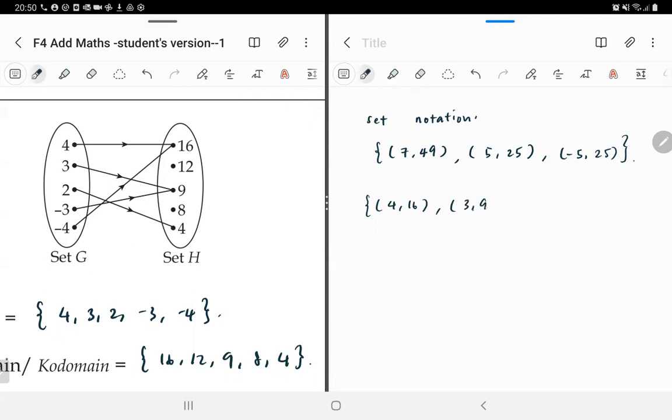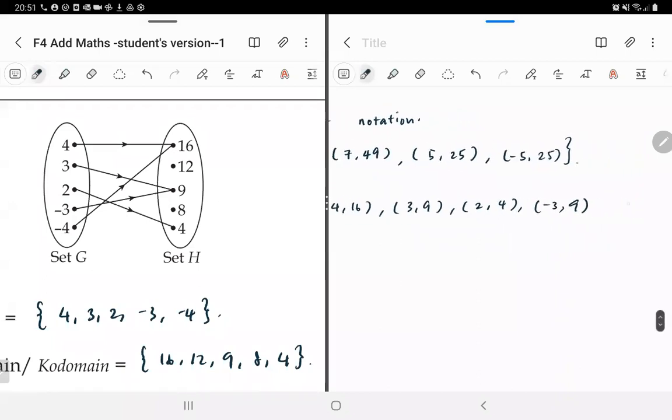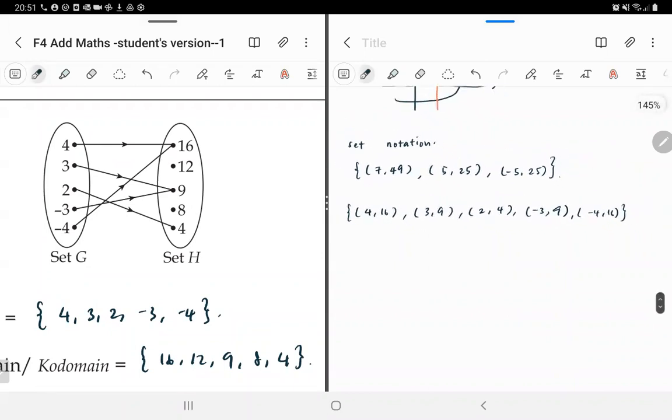So 3, 9, and then another pair will be 2, 4, and then negative 3, 9, and the last one will be negative 4, 16. Close bracket, close twisting bracket. This one we call set notation.